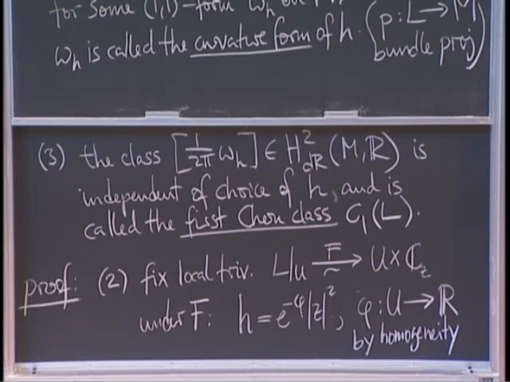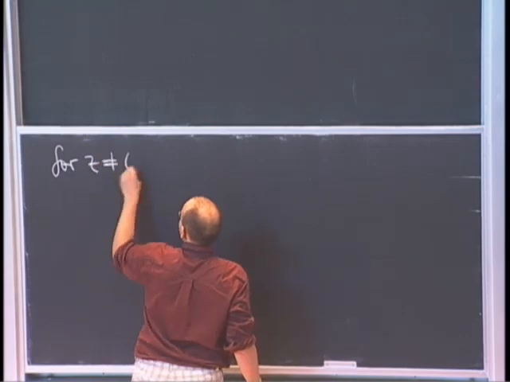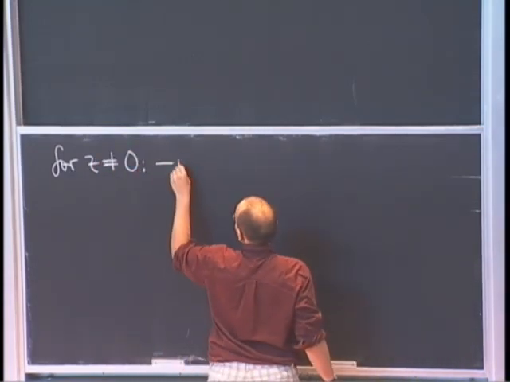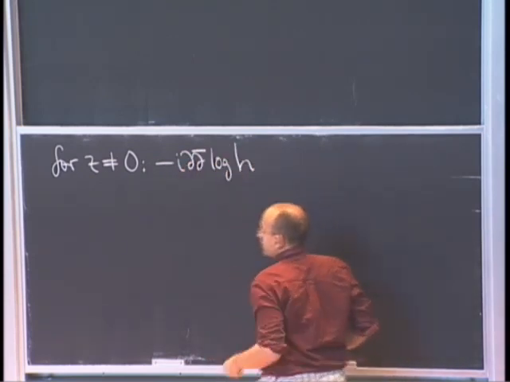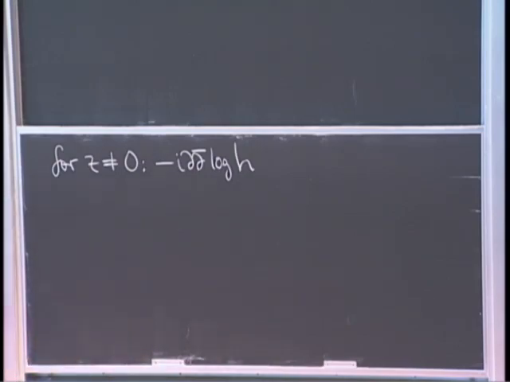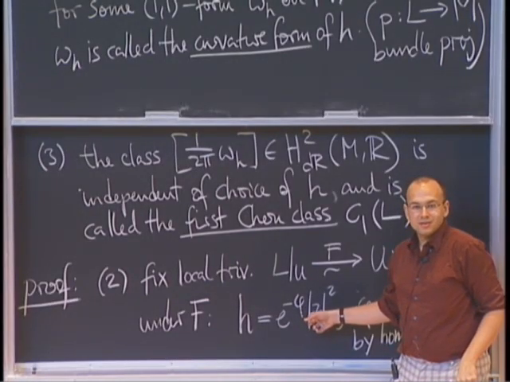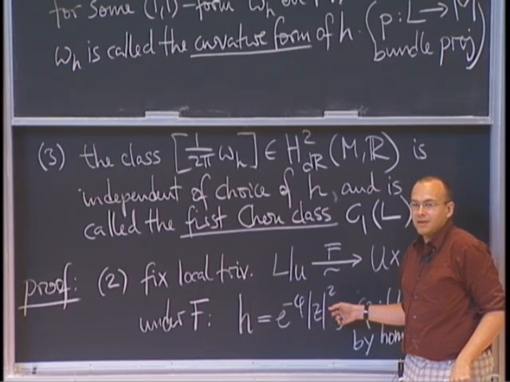But then it's kind of clear, so long as you stay away from the zero section, that minus i ∂∂̄ log H works out as follows. The log mod z squared goes away, because it's log z z bar, so it's log z plus log z bar, and the ∂ kills one of them and the ∂̄ kills the other.